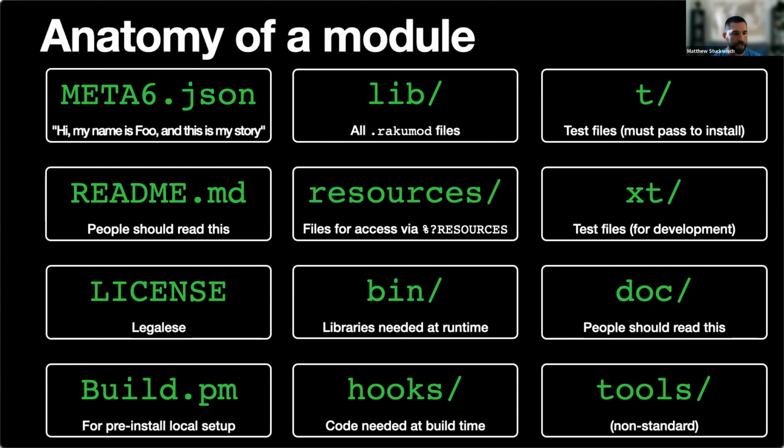Resources is just a place to put files that you will need to use at some point in your module's lifecycle, either at compile time or principally at runtime. But the important thing to remember is that these files are not being put in their file structure.